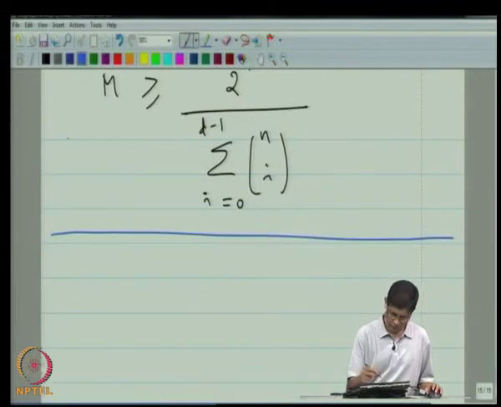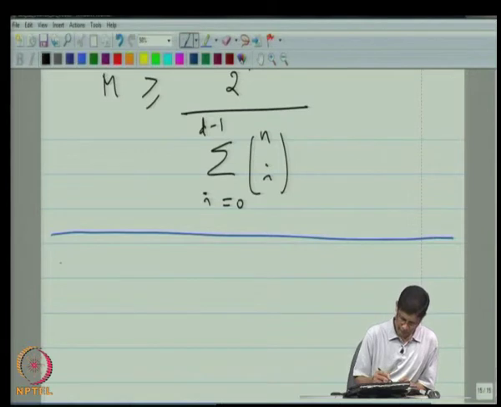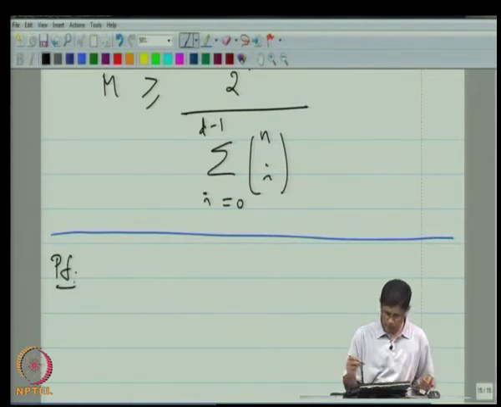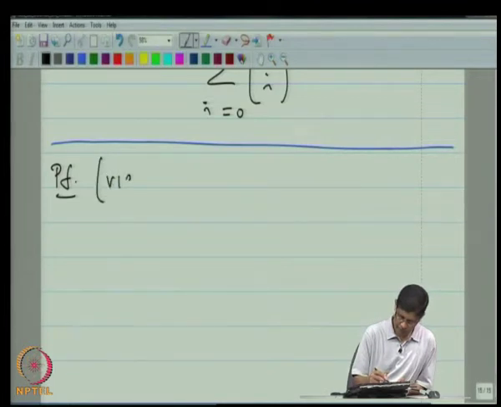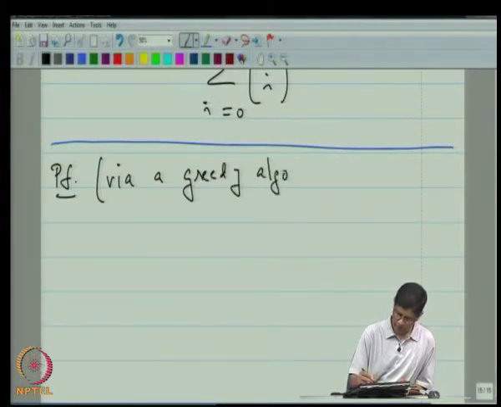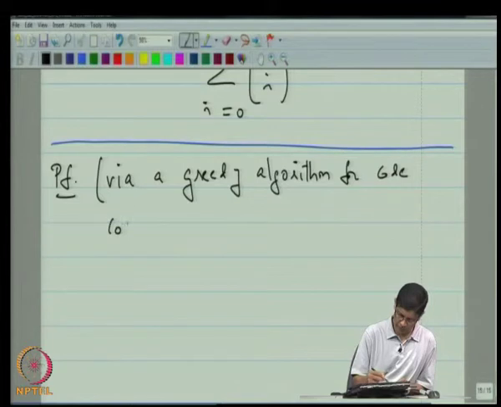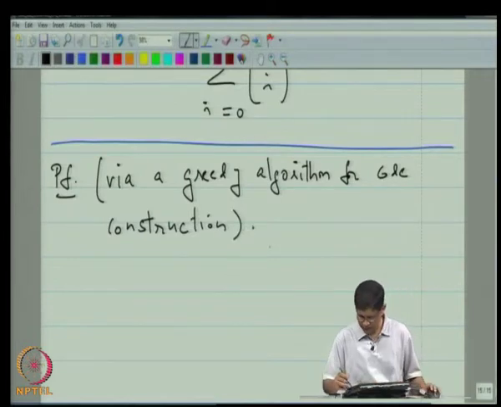So, how do you prove this? The proof is via a greedy algorithm for code construction. So, it proceeds like this.